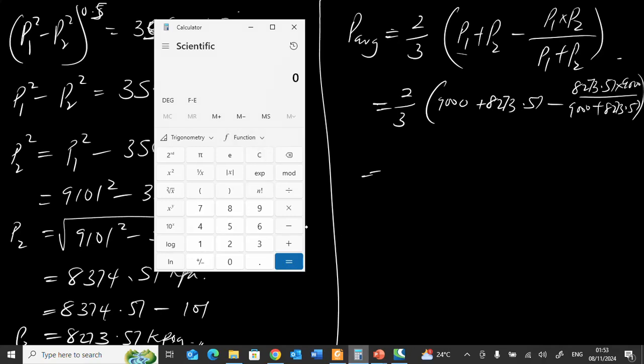So now let me calculate this first. So 8273.57 times 9,000 divided by bracket open 9,000 plus 8273.57 bracket close, equal to 4,000.